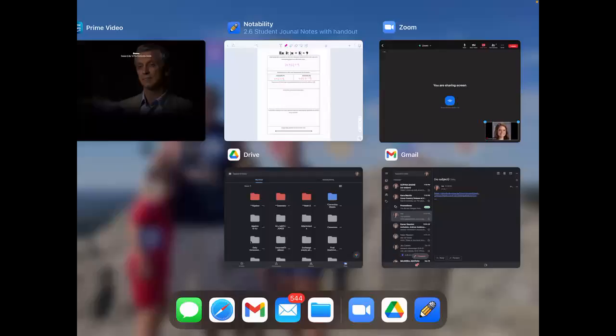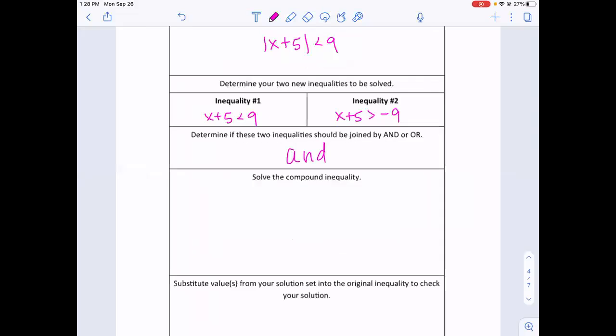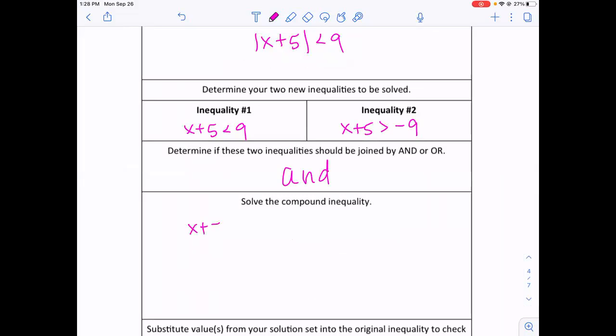Okay. Now we have two different things we need to solve. Now we need to actually solve these. We have x plus 5 is less than 9 and x plus 5 is greater than -9.